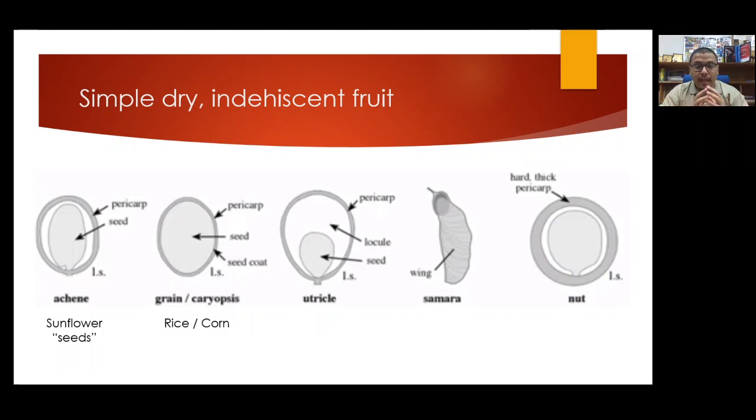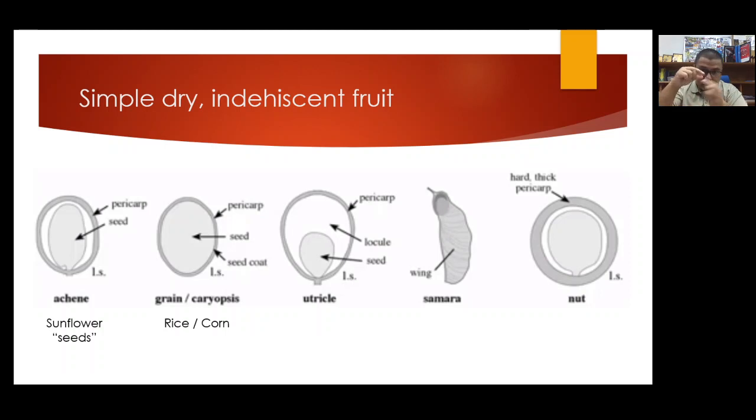Inside that you have the part that the birds want to eat. If you like sunflower seeds, you crack open and spit out the hard part, that's the pericarp, and you eat the inside, and that is the seed. That's the actual seed in that case.